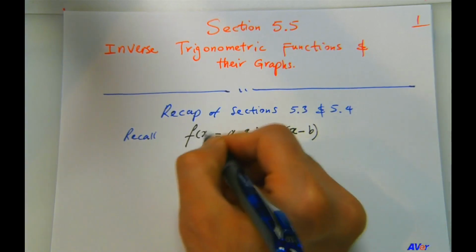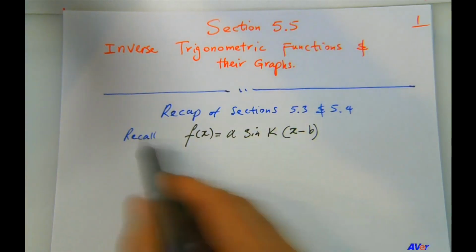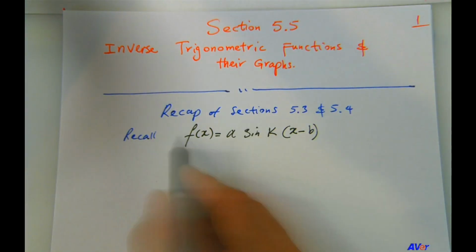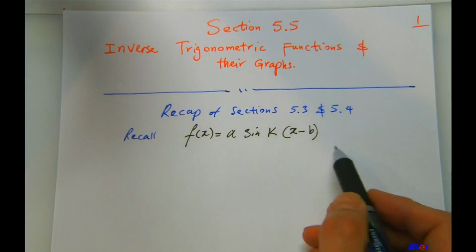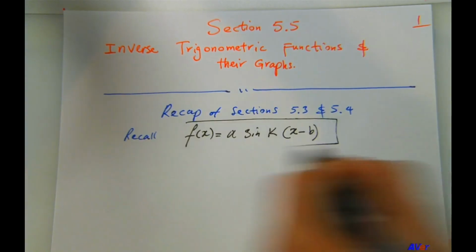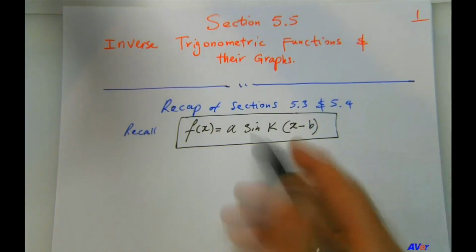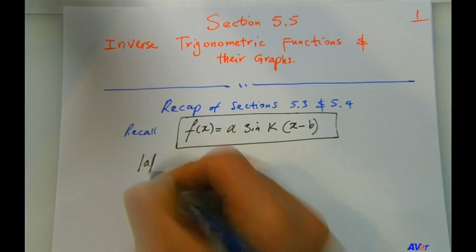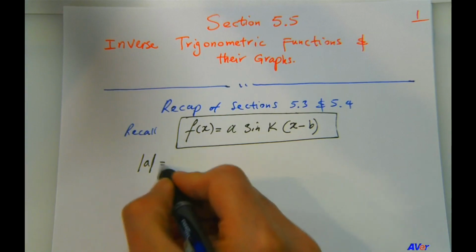You recall this for the sine function; this was the general transformation formula, and the absolute value of A was the amplitude.